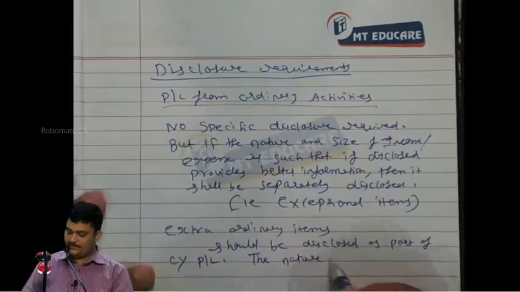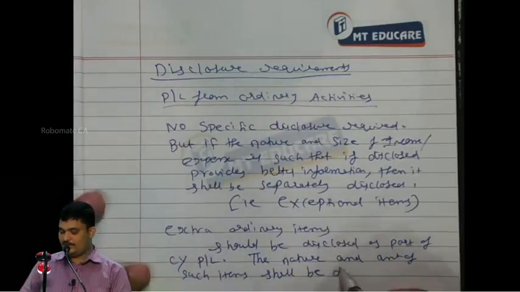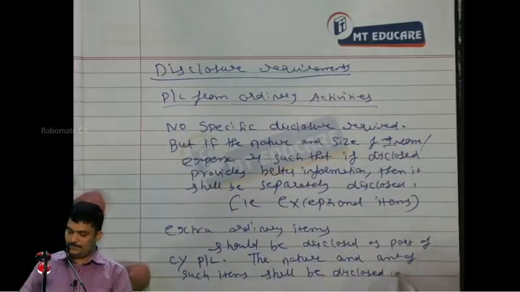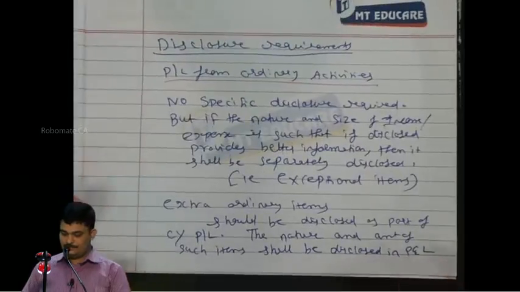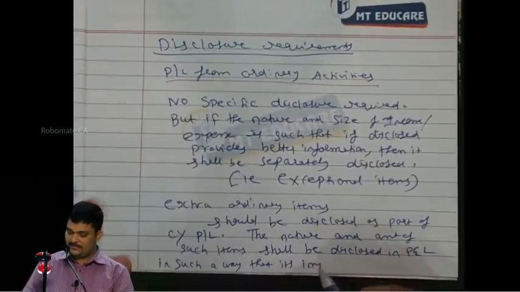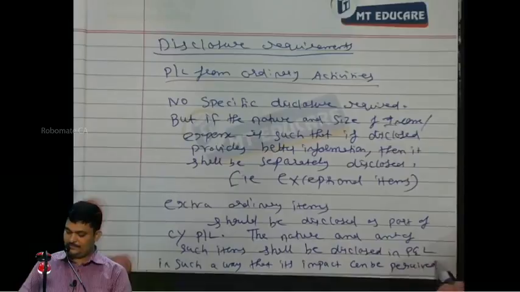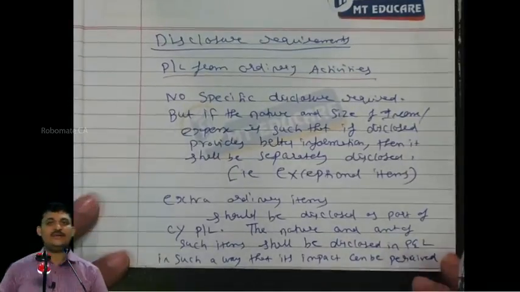The nature and amount of such items shall be disclosed in the P&L in such a way that its impact can be perceived. Impact can be perceived by the users.